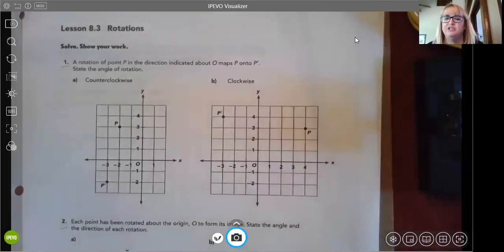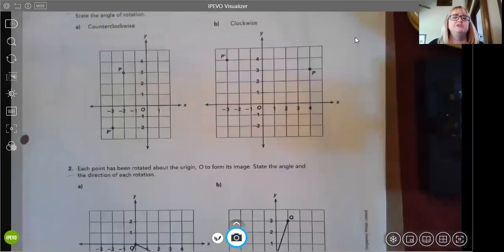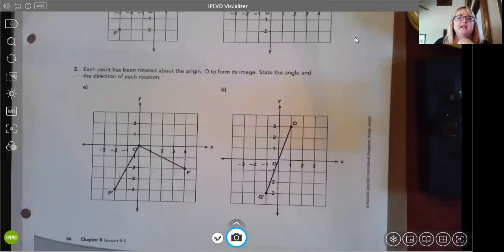The angle of rotation. All right, number two says each point has been rotated about the origin O to form its image. State the angle and direction of each rotation. All I want you to do is tell, here's P prime. There are two correct answers. There's a correct answer for the counterclockwise movement and a correct answer for the clockwise.